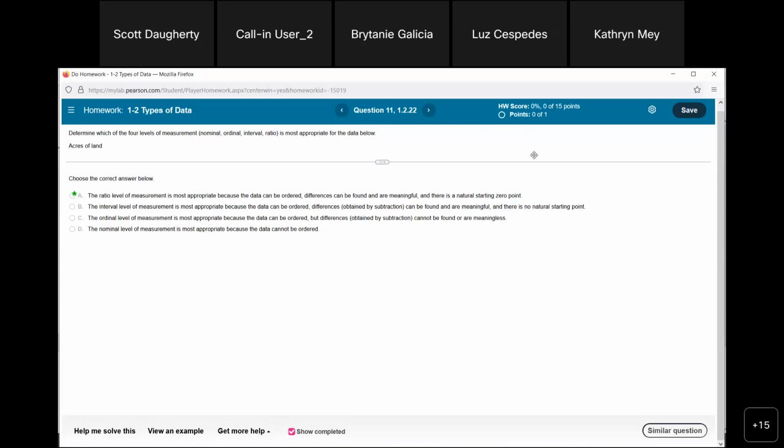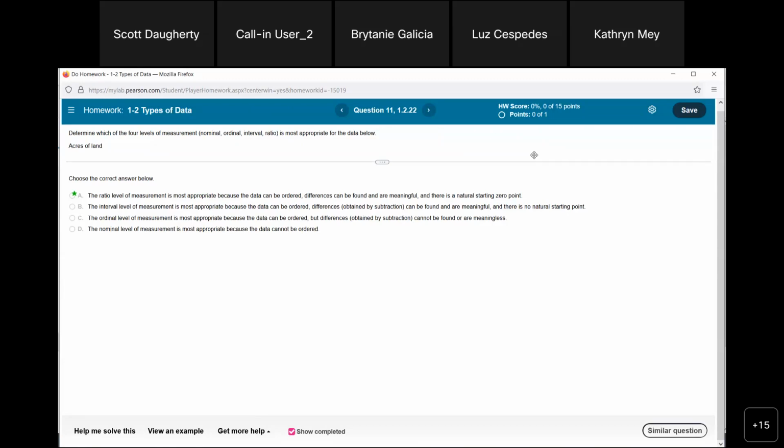If you think of it, this one actually reaches the ratio level. First of all, you've got categories. I have 1 acre of land. Someone's got 2 acres of land, 3. So those are your categories. You can order them and they mean something. I have more land than someone else, so mine's 50 acres. Yours is only 20.